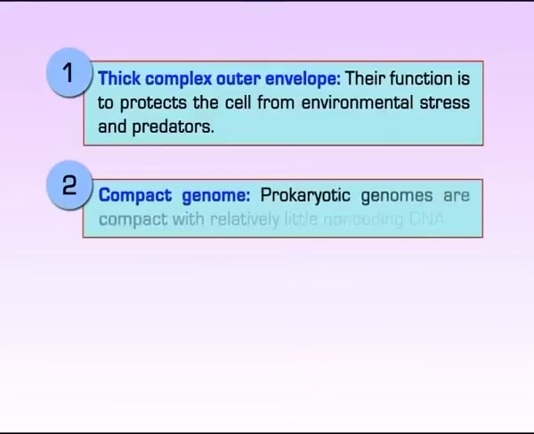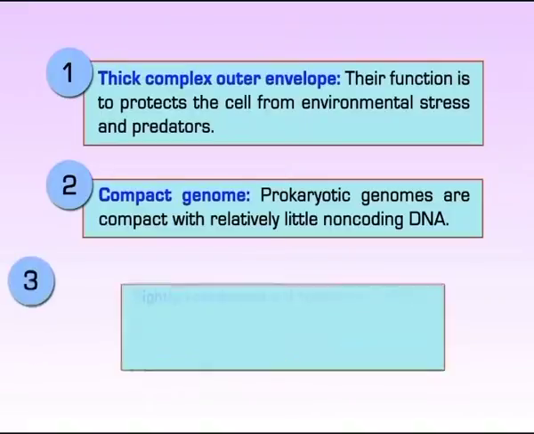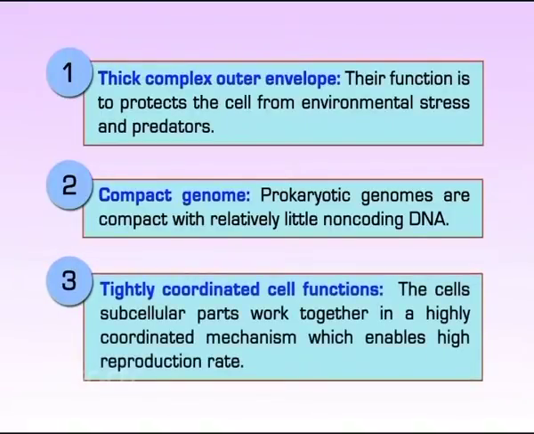The second one is the compact genome. This prokaryotic genome is compact with relatively little non-coding DNA. And finally, the tightly coordinated cell functions. In this, the cell's subcellular parts work together in a highly coordinated mechanism which enables a high reproduction rate.